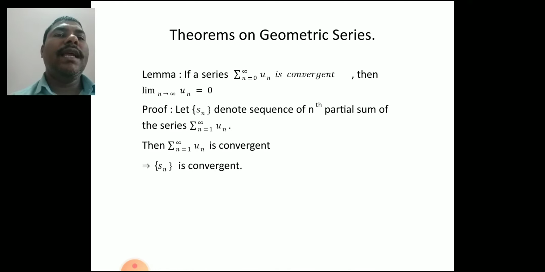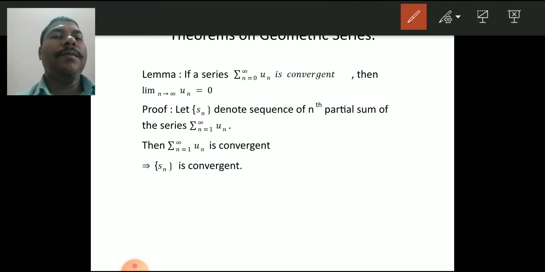Here let Sn denote the sequence of nth partial sums of the series summation n equals 1 to infinity un. Then summation n equals 1 to infinity un is convergent. So that implies the sequence Sn is also convergent.